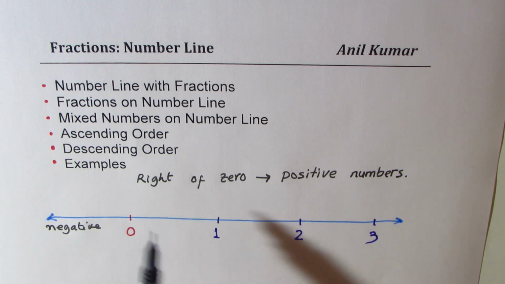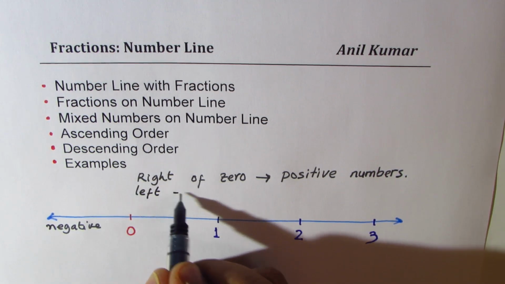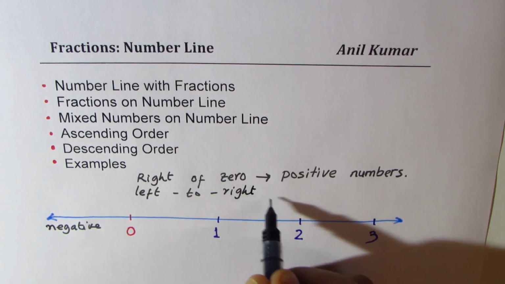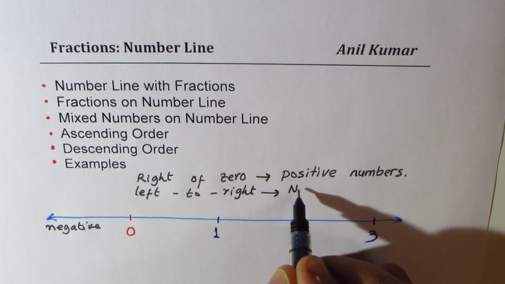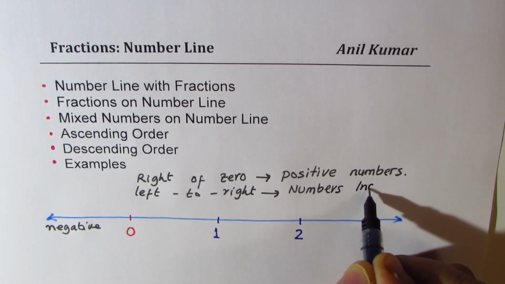And they increase. So as we move right, so from left to right, numbers increase.